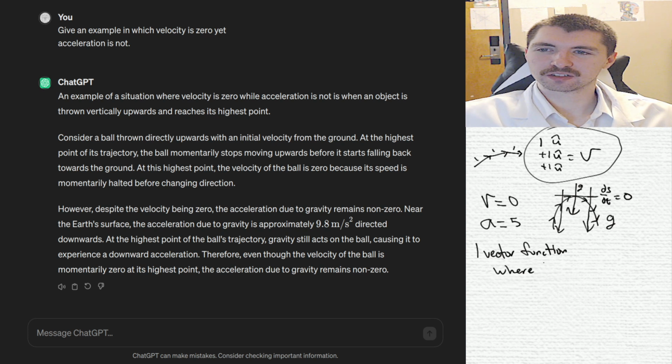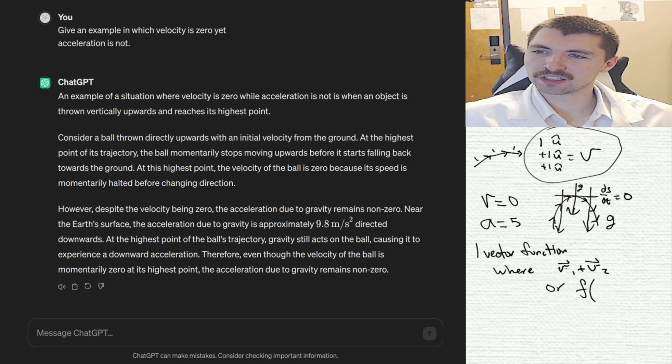where it's like, is it a composite function, or are you just adding them, vector 1 plus vector 2, or some function that transforms another function?